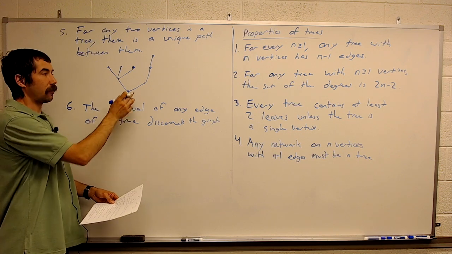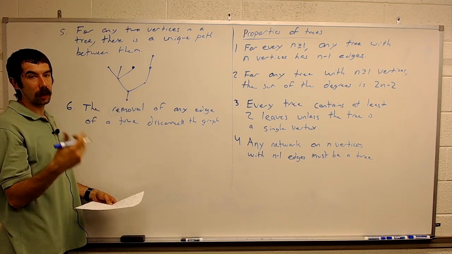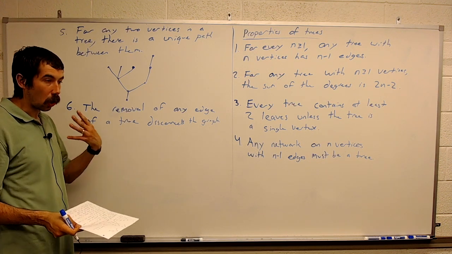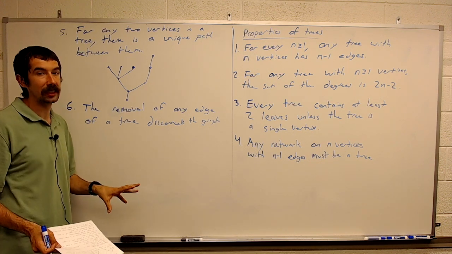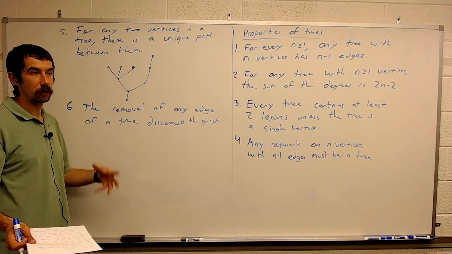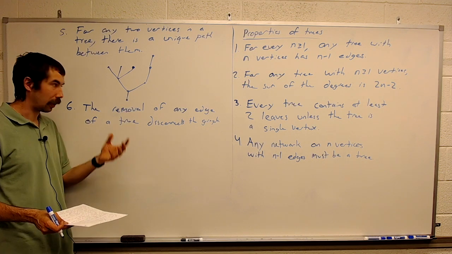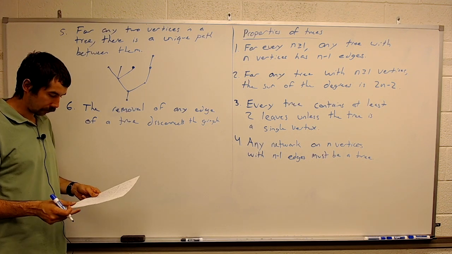So if you take any of these edges out, we're going to be left with a disconnected graph. Remember, our goal eventually will be to have all the vertices connected. So we're going to want to get a tree. And then we can't do any smaller than a tree because we'll be left with a disconnected graph.